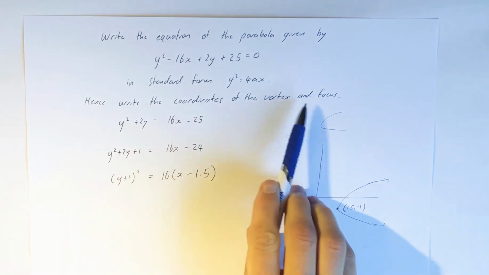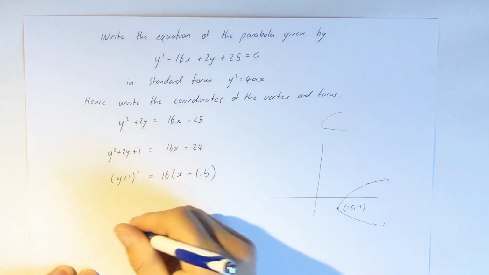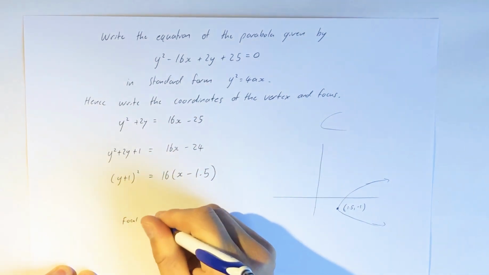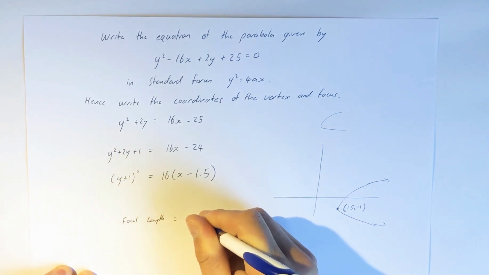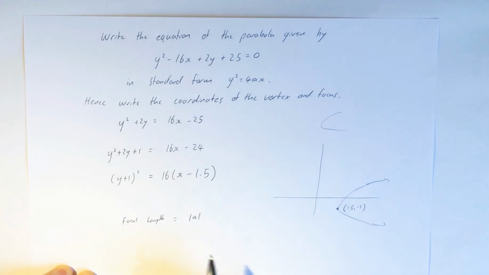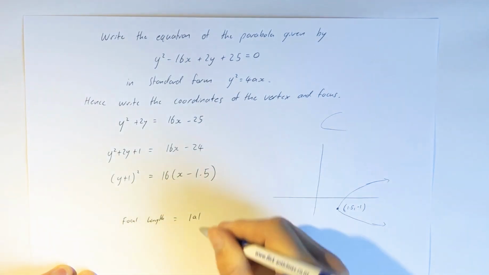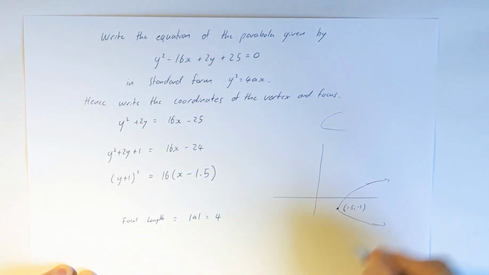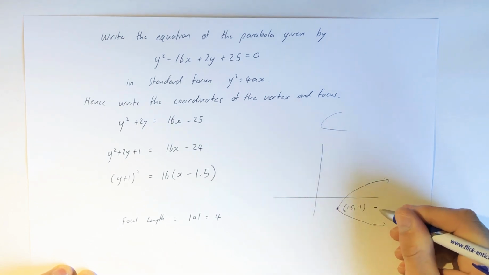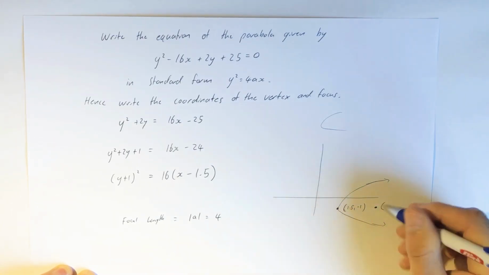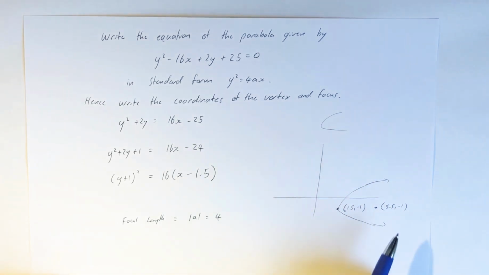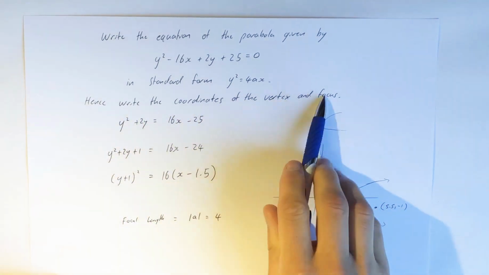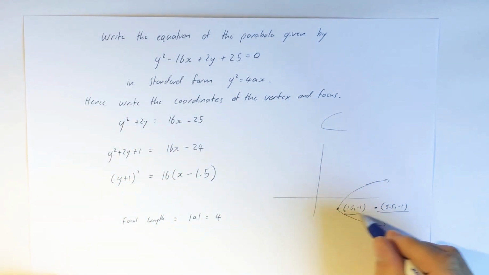And I need the coordinates of the focus. Well, the focal length, remember, is a. And we have 4a here, so that must be 4. So that focus must be at 5.5, negative 1. So I read the question again, write the coordinates of the vertex and focus, and we're done.